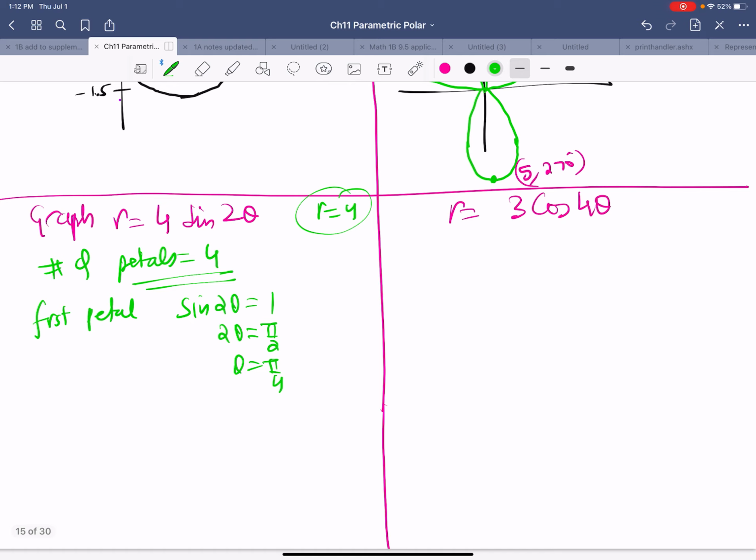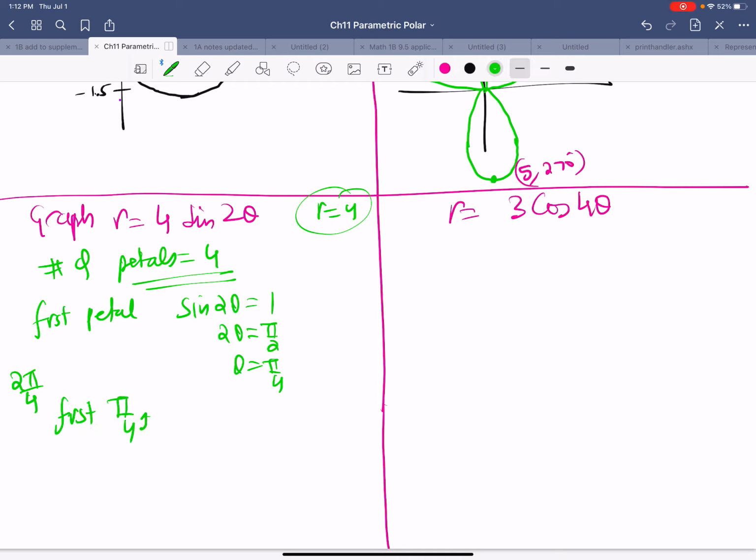You can also divide 2 pi by 4, because that would be the gap between each petal, since you're dividing the entire 2 pi region into 4 total petals. So the first petal appears at pi over 4.